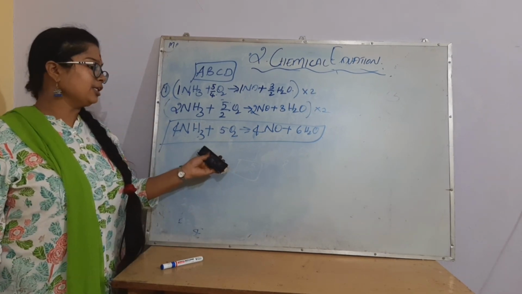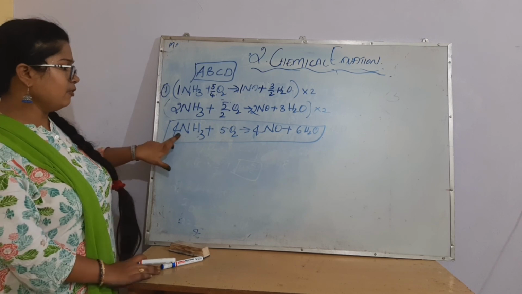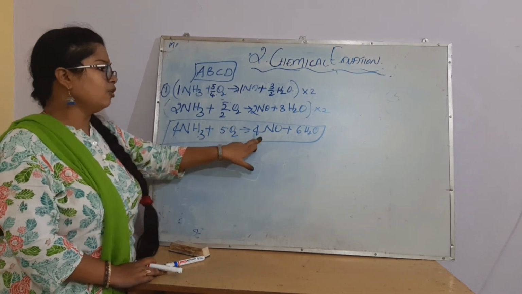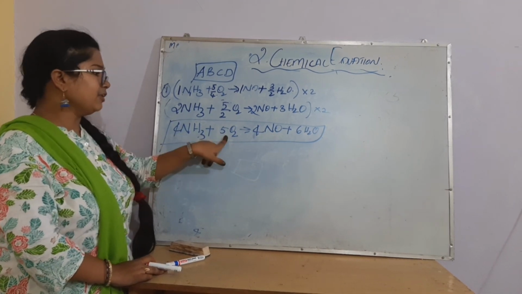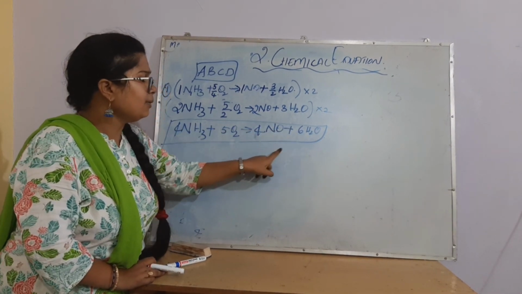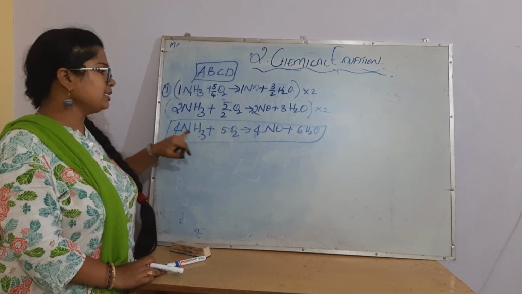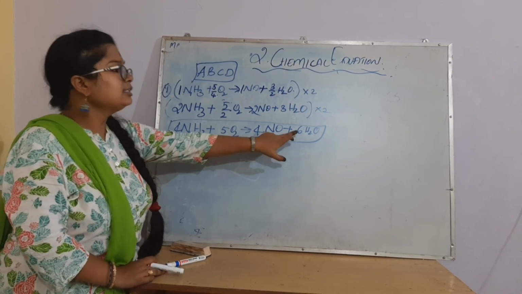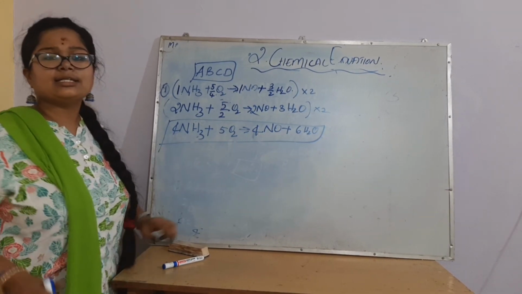Then I hope you understood. Everything is balanced here: nitrogen 4 and 4. Oxygen 5 into 2 is 10; 4 into 1 is 4 plus 6 into 1 is 6, 4 plus 6 is 10. Next, 4 into 3 is 12, and 6 into 2 is 12. Balanced, isn't it?